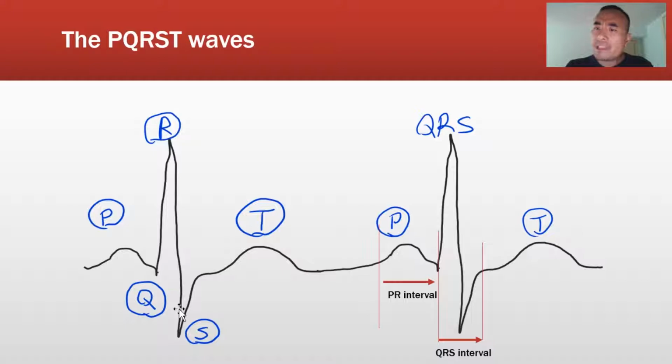So you might be asking, where's the atrial relaxation then? Well, the atrial relaxation happens simultaneously during the time when the ventricles contract. And because the ventricles are so big, so powerful, they have so much muscle in them, the force with which they contract and create the QRS wave completely overshadows the atrial relaxation wave.